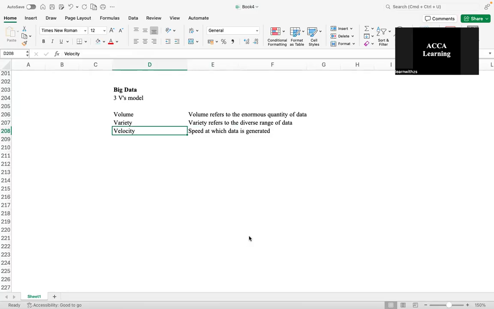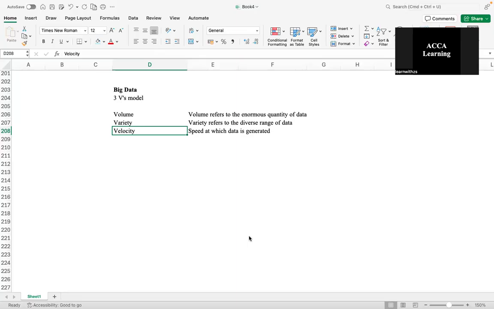With the rise of real-time data nowadays, organizations need to process and analyze the data to make decisions. Think of this like if you're a manager at an e-commerce company and you want to know about changes in customer behavior and preferences as soon as possible. What can you do? You can adjust your marketing strategies accordingly, right? So this is what velocity is.